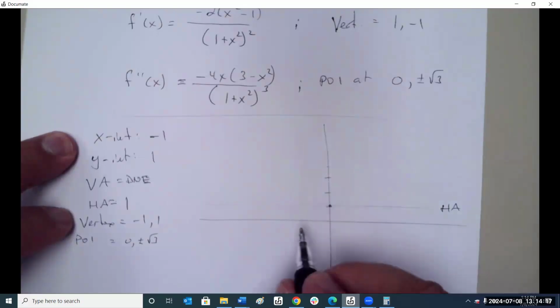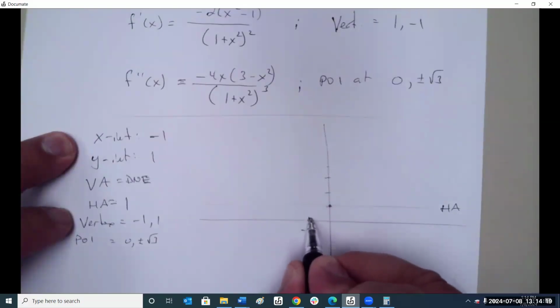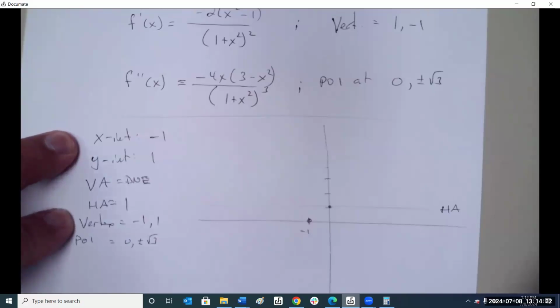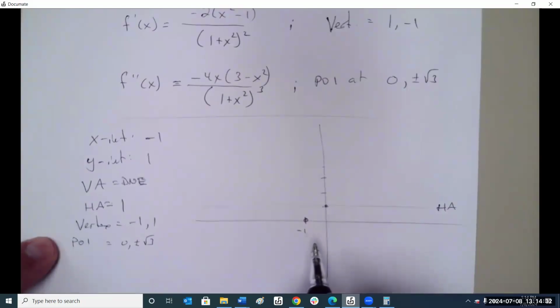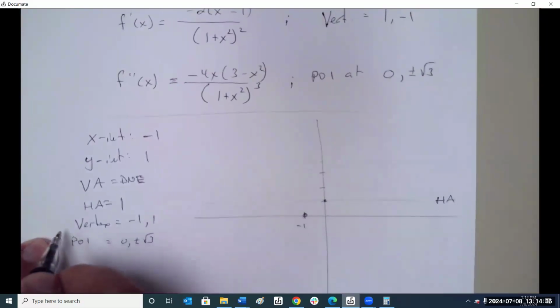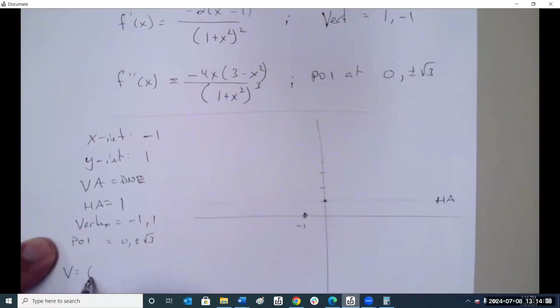The x-intercept is at -1. The vertex is at -1. So there's a vertex at (-1, 0).